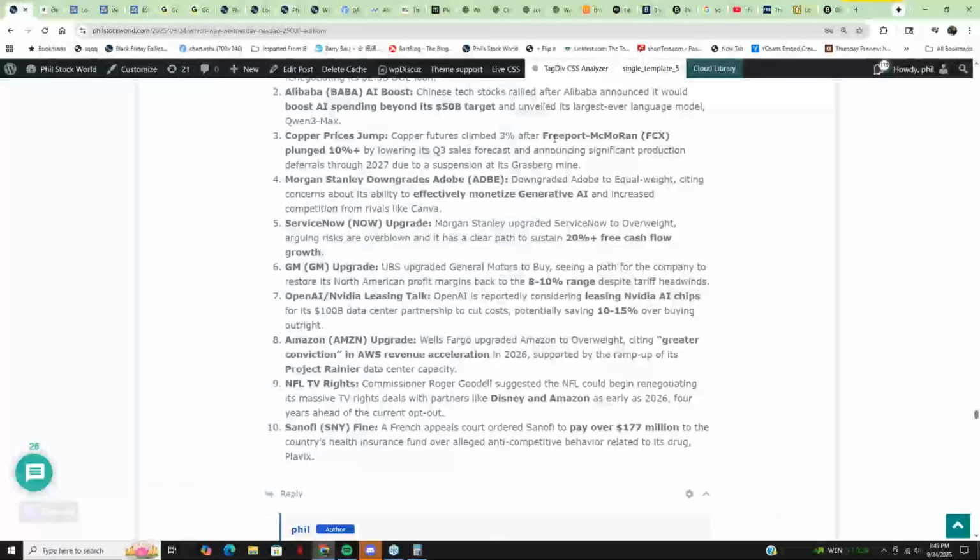Copper prices jumped. Freeport has a significant shutdown at one of their mines. Oh, Grasberg. They have a significant shutdown at Grasberg that's going to last until 2027. Nobody can just restart a copper mine tomorrow. So for 6 months to almost a year, this is going to cause a significant dent in copper production worldwide.